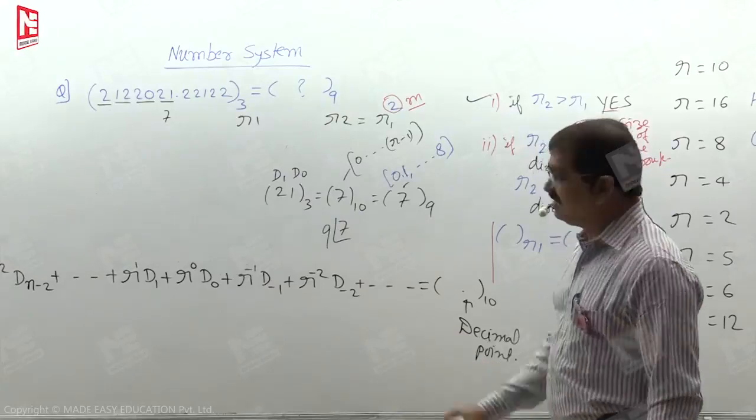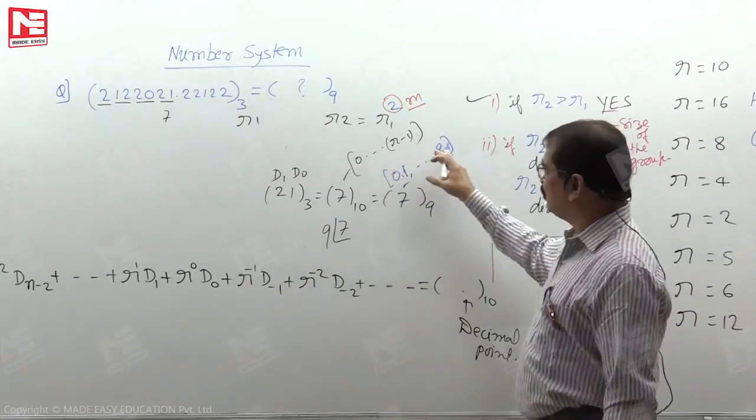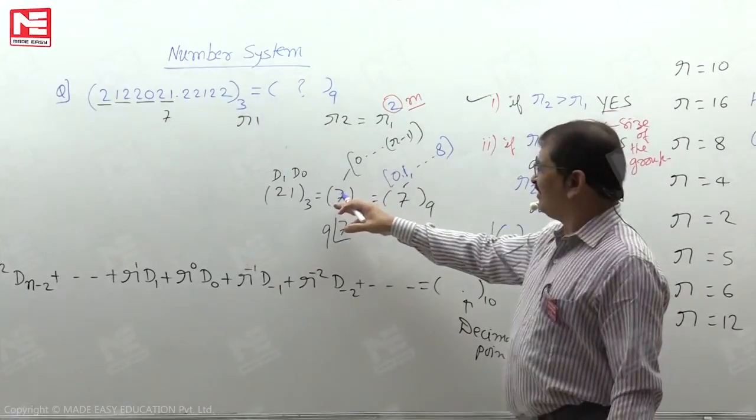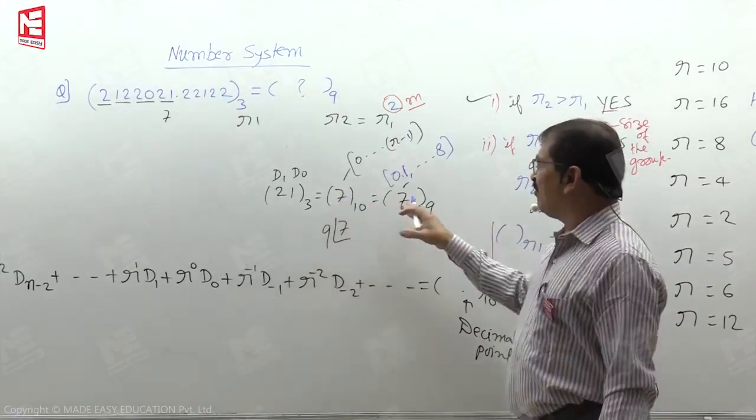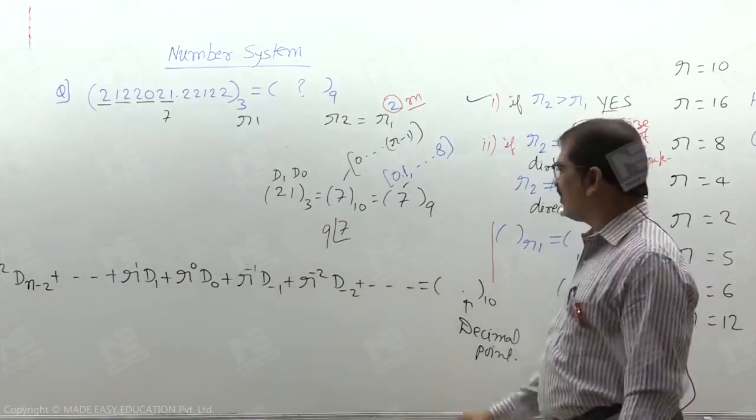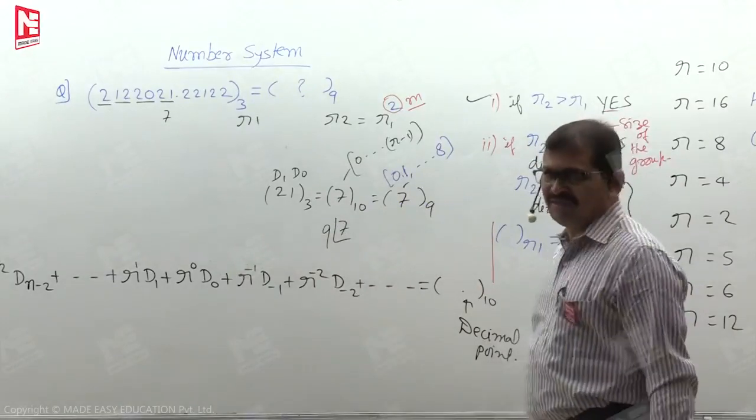So when this result is any digit from 0 to 8, it is straightforward equal to the radix 9 number.